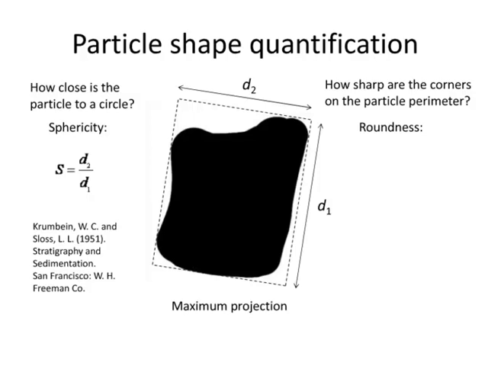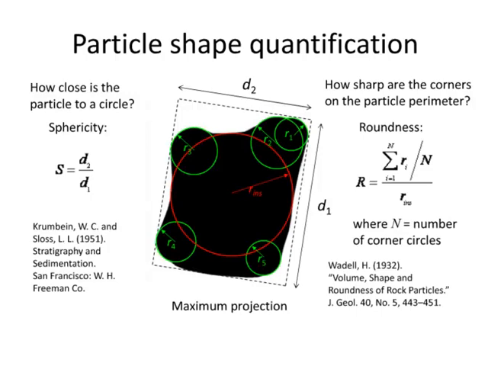We have found the simplest definition of it to be the aspect ratio, or the smaller dimension of a particle divided by the longer dimension, while roundness has a very traditional definition that dates all the way back to 1932, a gentleman by the name of Wadell, and it's defined as the ratio of the radius of circles fit to the corners of the particle over the radius of the largest inscribed circle, shown in red here.